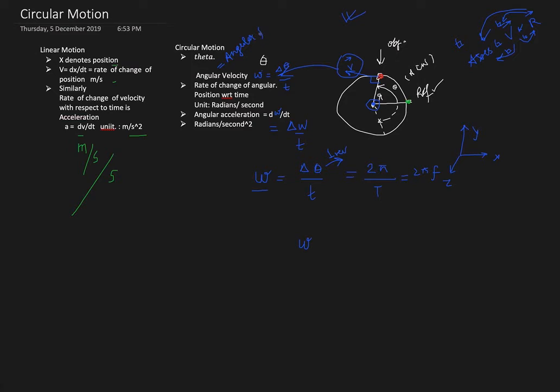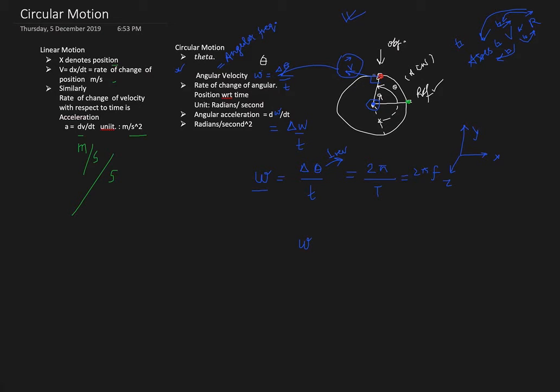I'm writing it here to specifically emphasize that in terms of circular motion, angular frequency and angular velocity mean the same thing. Okay, how is this angular frequency or angular velocity related to the linear velocity with which the object is always moving in a circular path?